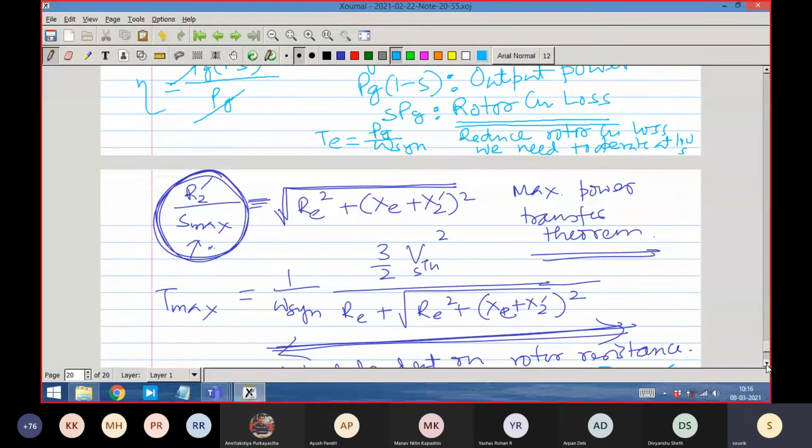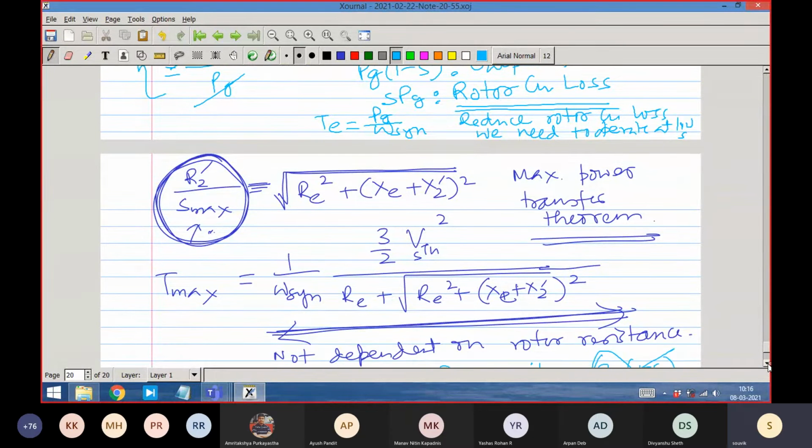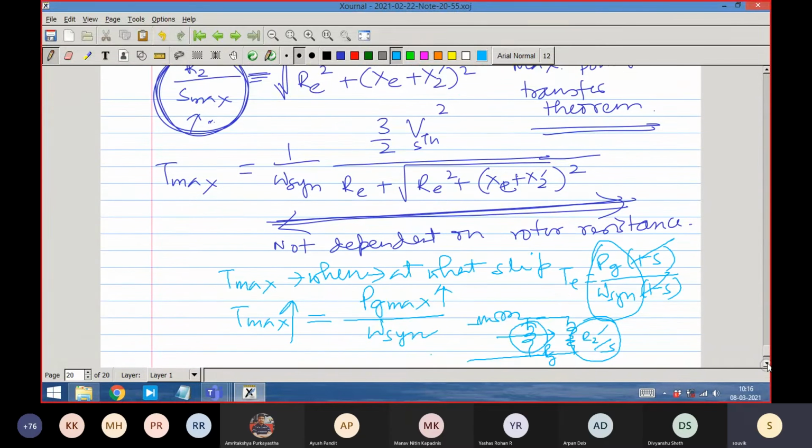Then we apply the maximum power transfer theorem, and we know that the impedance seen from here has to be equal to that. Sorry, this is not there. We have removed that, because it is the equivalent circuit of RE and jXE, and this is X2 dash.